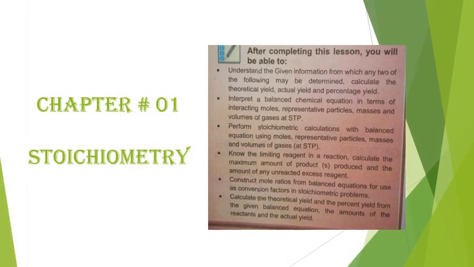Now students, part 1 chemistry deals with physical chemistry. Let me introduce the first chapter, that is stoichiometry. The main objectives of this chapter are that you should come to know about balanced chemical equations and the measurements in them in terms of moles, representative particles or Avogadro's number, or according to molar volumes.